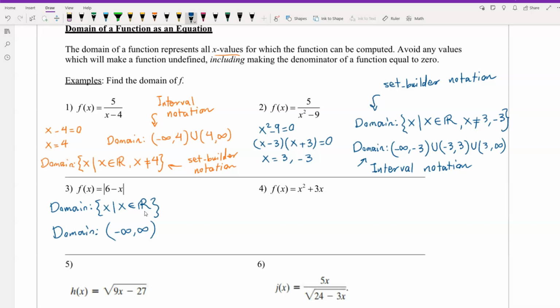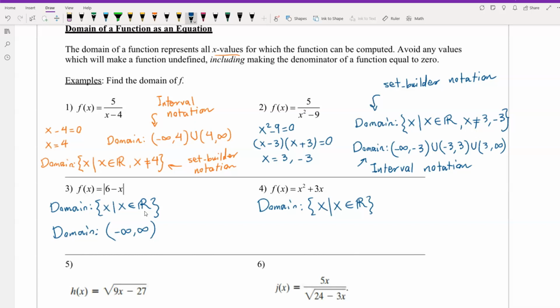Number 4, f of x equal to x squared plus 3 times x. Here again, our denominator is 1. We don't have any variable in denominator. So again, we have same answer. Domain is x such that x belongs to all real numbers.